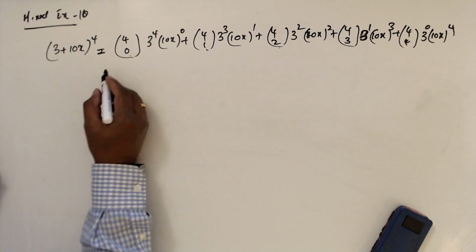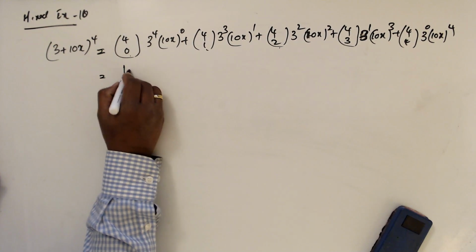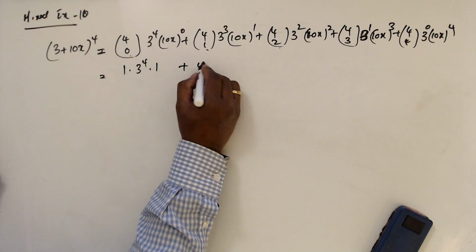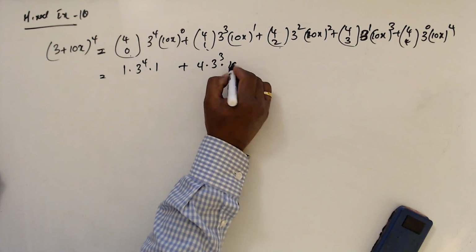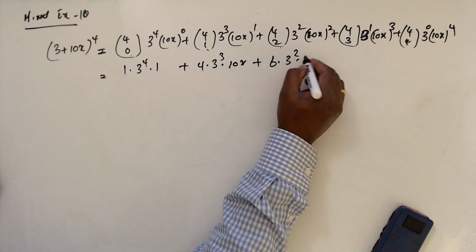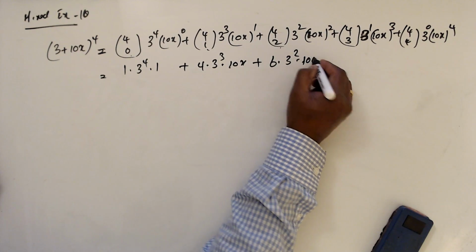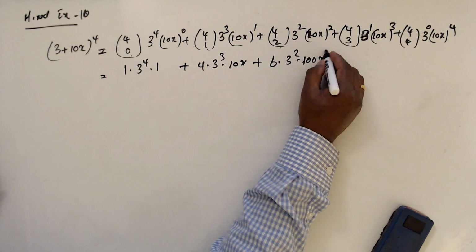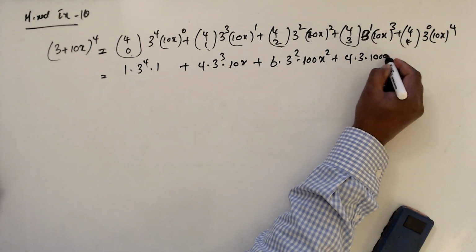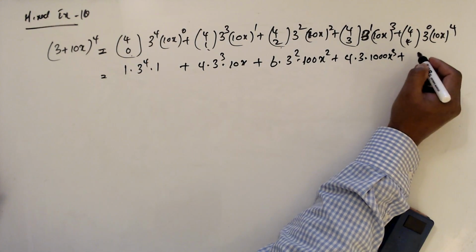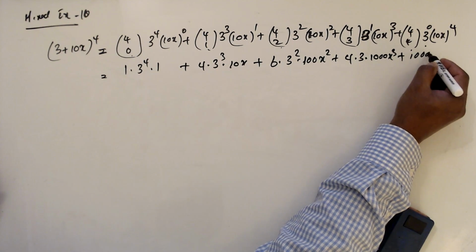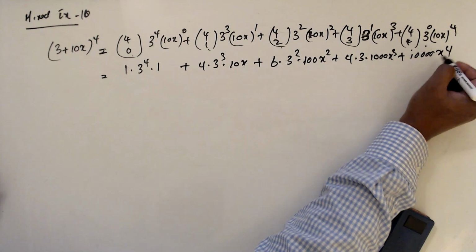Now this is going to be 1 times 3^4 times 1, plus 4 times 3^3 times 10x. This is 6 times 3 squared, and 10 means 100 x squared. This is 4 times 3, and this is 1000 x cubed. And this is 1 times 1 times 10,000 x to the power 4.